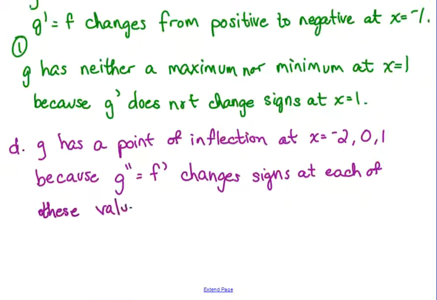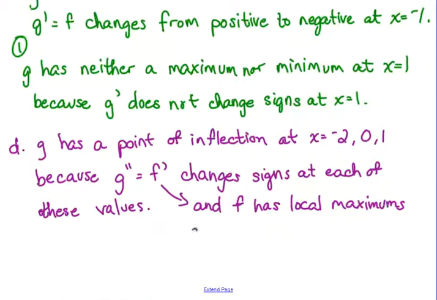I think you could also say because G double prime equals F prime and F has local maxes and mins at these values. Minimums.